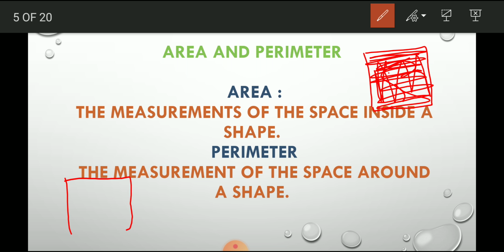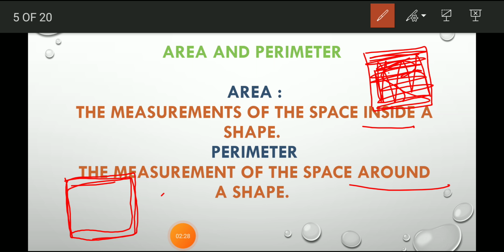Again, I take one square. How can we mention the perimeter? The outline around this shape is called the perimeter, not the inside. The area is the inside. The word inside means area and around means perimeter.